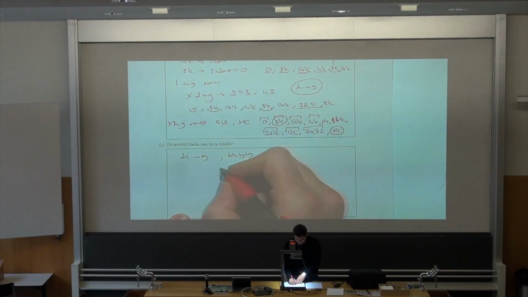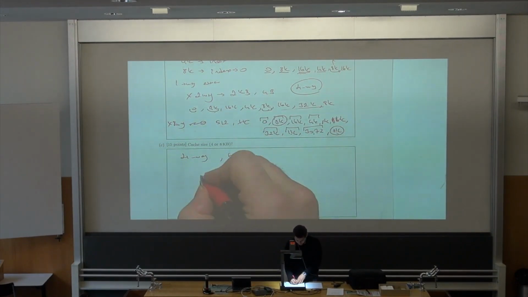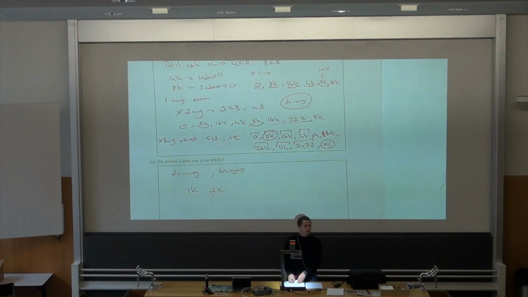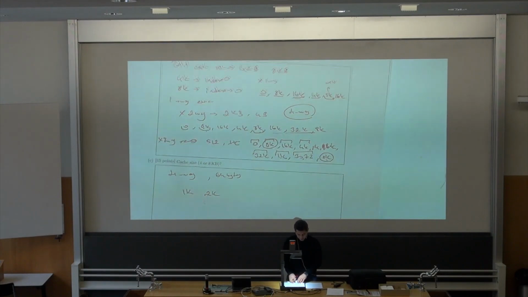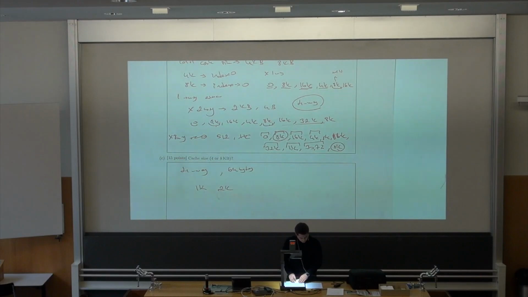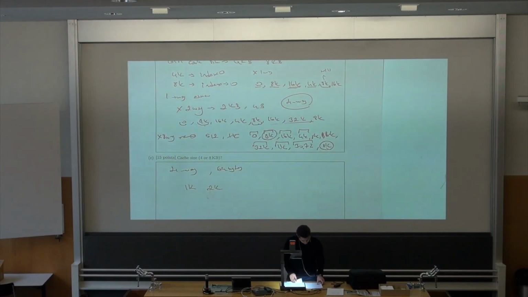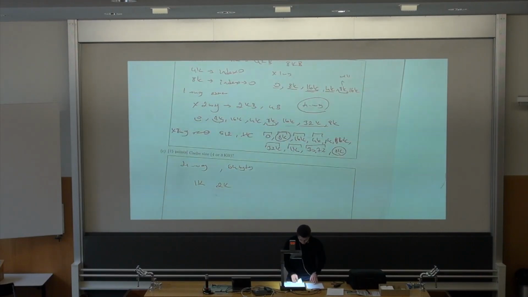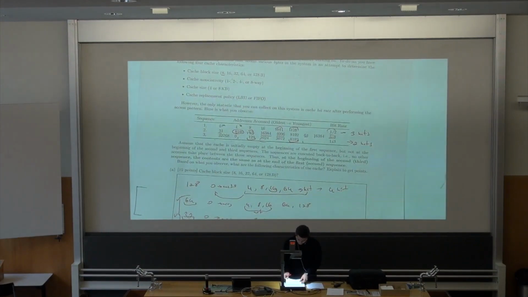So here then the ways are either 1K or 2K of size, right? The size of the ways are either 1K or 2K, given that the cache size is either 8K or 4K.